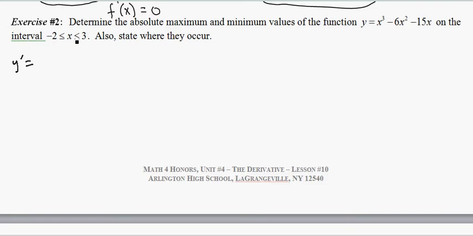Okay, let's take a look at how this is done. The derivative is fairly straightforward: 3x squared minus 12x minus 15. We want to figure out where this is equal to 0.